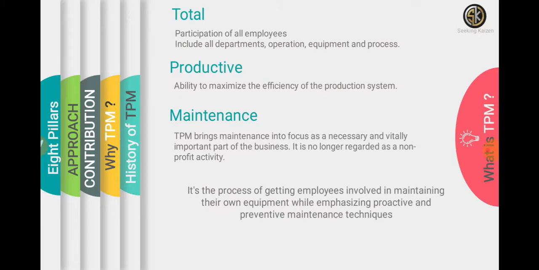Now, it is the process of getting employees involved in maintaining their own equipment while emphasizing proactive and preventive maintenance techniques. We need to understand here a very basic thing, that TPM is a set of activities. These activities are done to restore equipment to its optimal condition and change the work environment to maintain those conditions through daily maintenance activities.